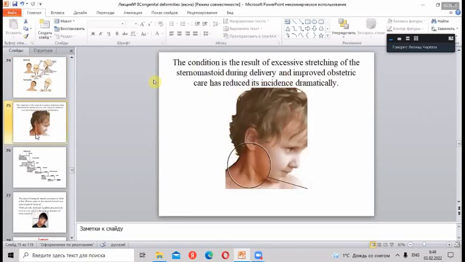The condition is a result of excessive stretching of the sternomastoid during delivery, and improved obstetric care has reduced its incidence dramatically.